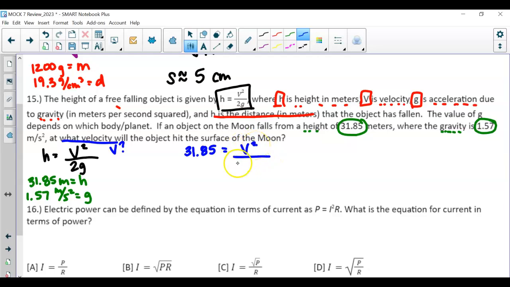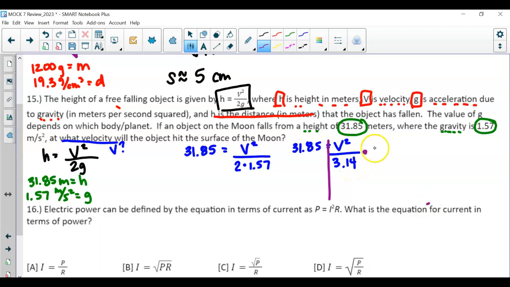So really what we're going to go through and solve here is 31.85 equals V squared divided by, let's multiply, which gives you 3.14. Now notice we are solving for V, but V right now is being divided, so we're going to save that exponent for last.